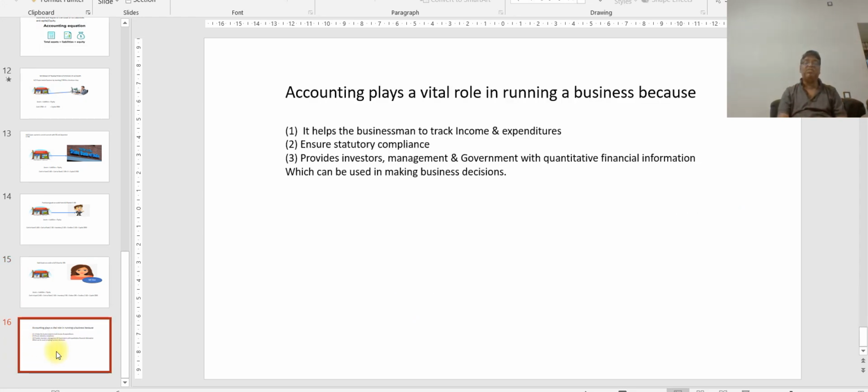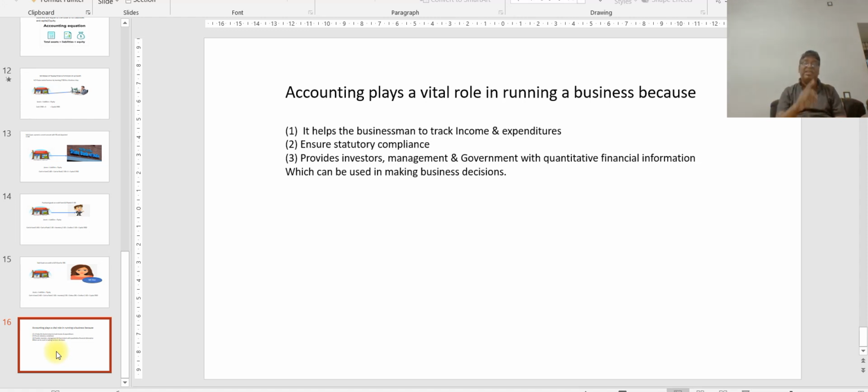So we know accounting plays a vital role in running a business because it helps the businessman to track income and expenses, and to know the financial position of the business, what is the position of assets, liability and equity.